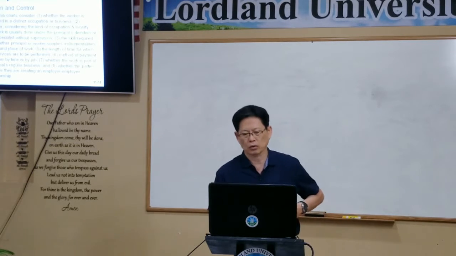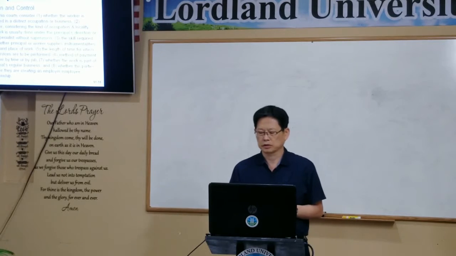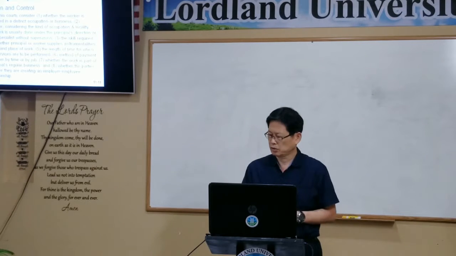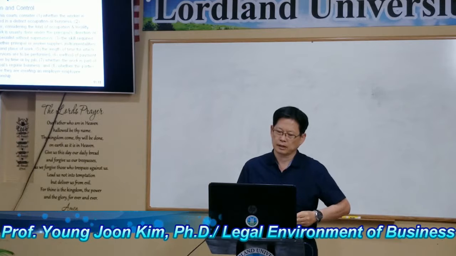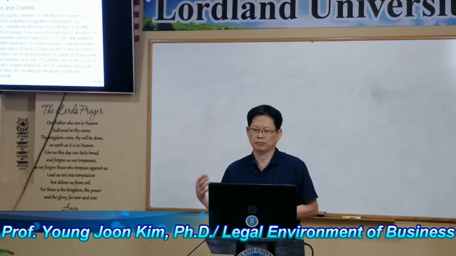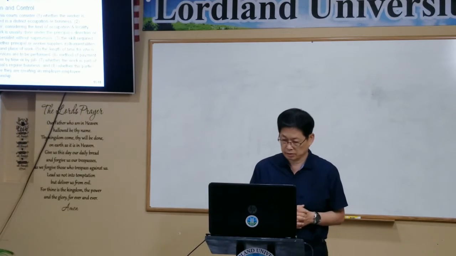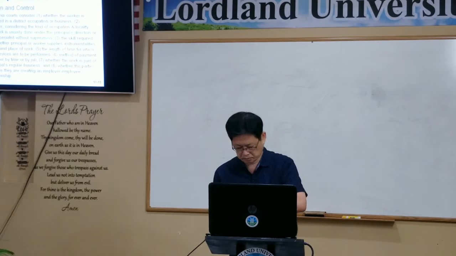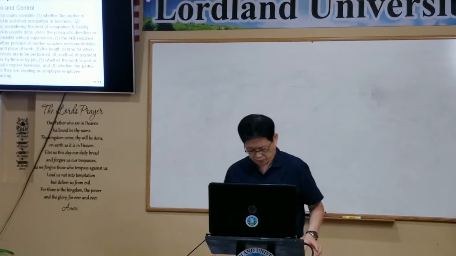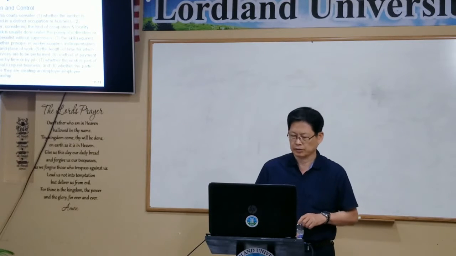The California courts consider the following 8 criteria in order to identify whether he or she is an employee or independent contract. Please read these 8 criteria used by the California court at home. Okay? Read the textbook. Okay? At home.